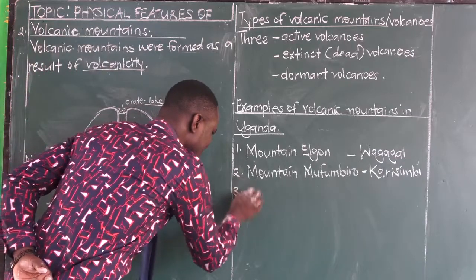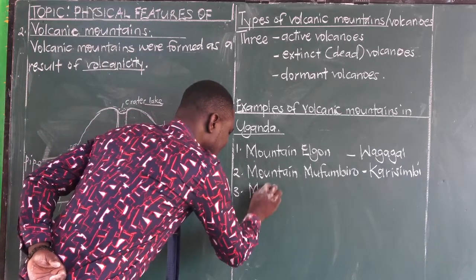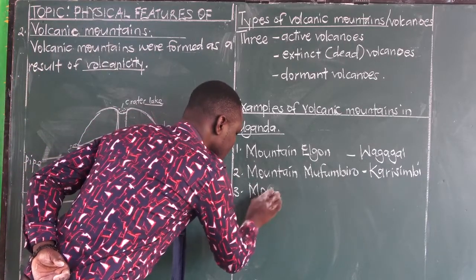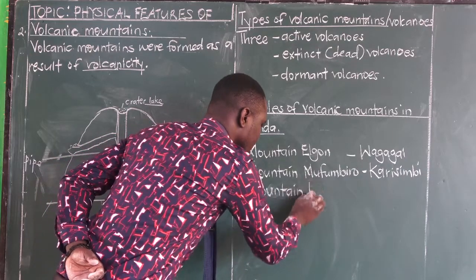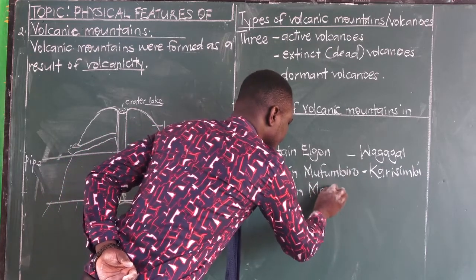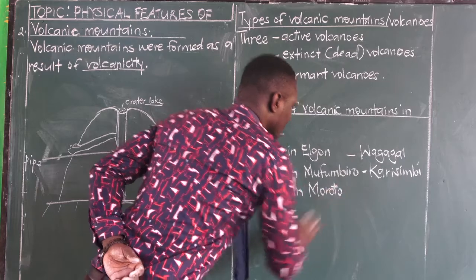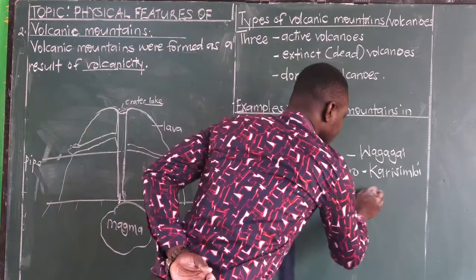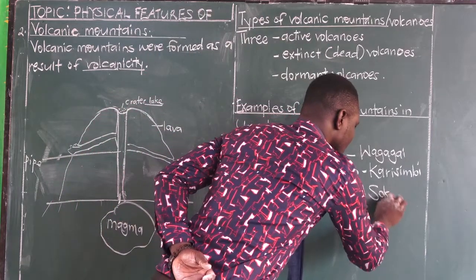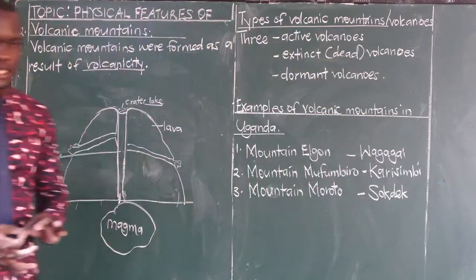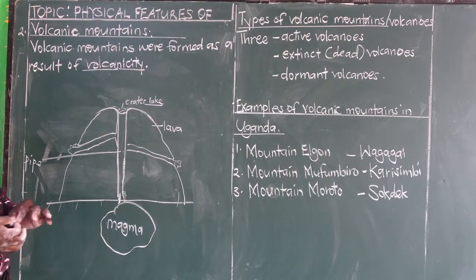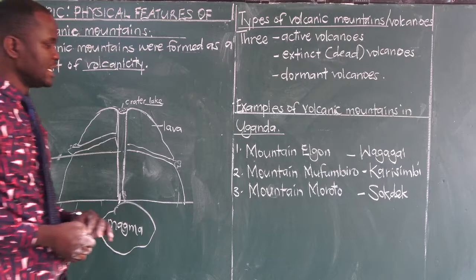Then we have another mountain that is in the northeast called Mountain Moroto. Remember, we have Mountain Moroto, which has its peak as Sokdek. So that is the highest peak of Mountain Moroto.